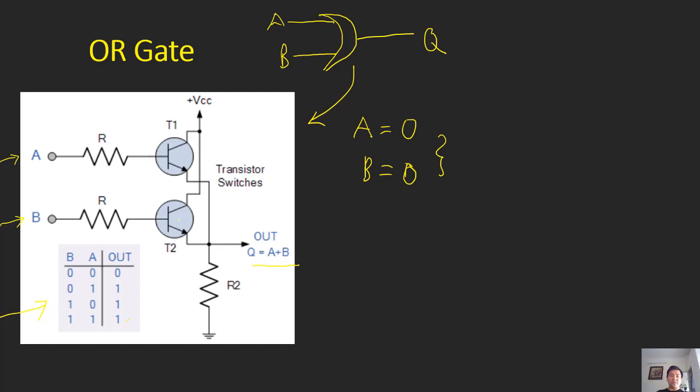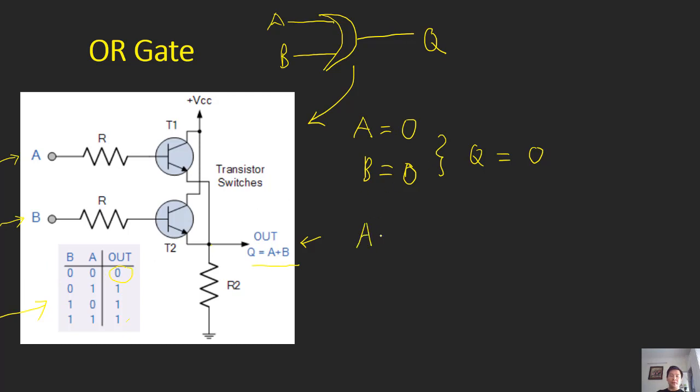So both transistors are closed, and no current goes from VCC to the output. At the Q we have no voltage, so Q equals 0, exactly as stated in the truth table.